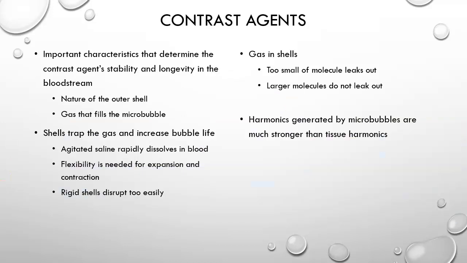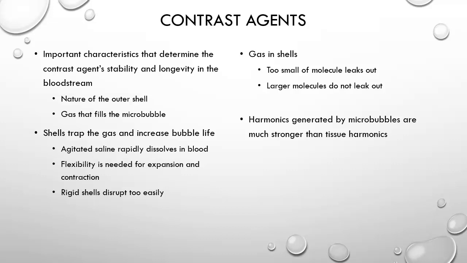Let's talk about contrast agents. The important characteristics that determine the contrast agent's stability and longevity in the bloodstream are what its outer shell is made of. Usually they're made of fat, lipid shells. And what is the gas that's inside of it. So the shell traps the gas, and generally what happens is it gets into the body, and then it will eventually dissolve.